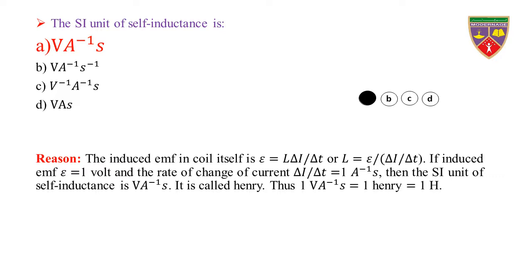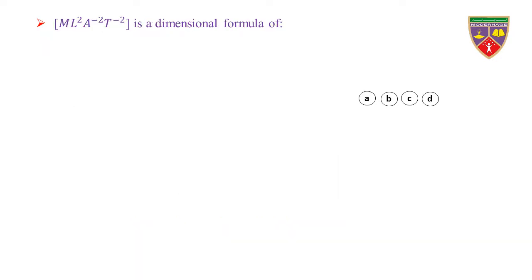It is called Henry. Thus, 1 volt second per ampere is equal to 1 Henry, denoted by 1 H. Hence, the SI unit of self-inductance is volt second per ampere.